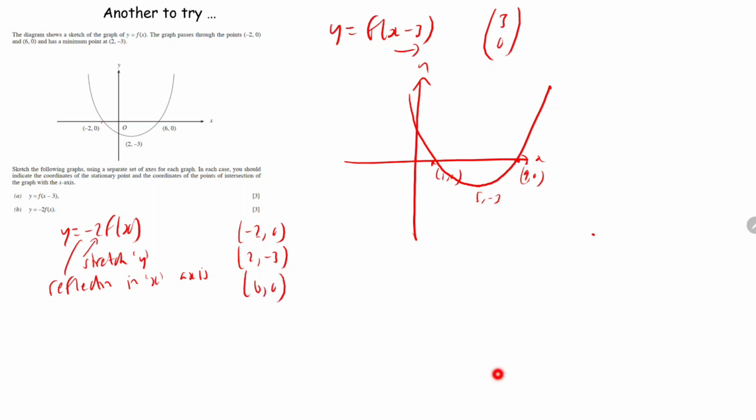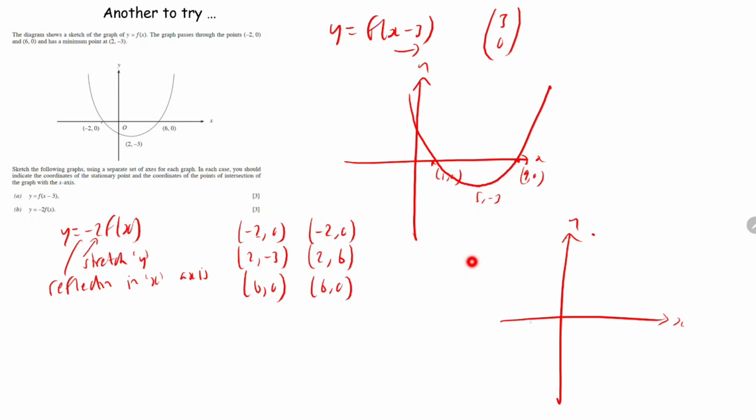A reflection in the x-axis is going to change the y coordinates. So first of all, we're going to multiply the y coordinates by 2. But for the first one, you'll notice it stays at 0. The second one, we have -3 times 2, which is -6. Then we times it by -1. So it's going to change up to 6. And then (6, 0).